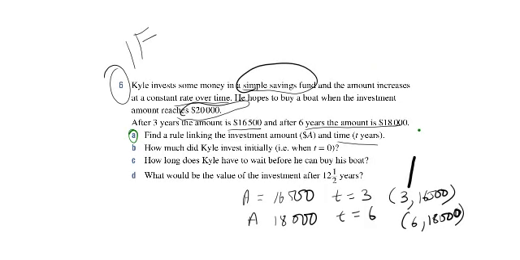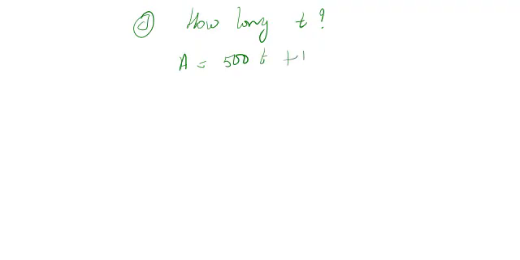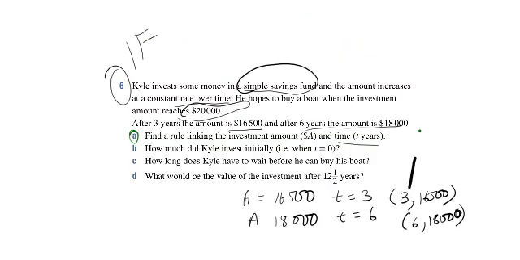So C bit, how long does Kyle have to wait before he can buy his boat? As soon as I see how long, it's asking me for T. Okay, and I have A is equal to 500T plus 15,000. So when can Kyle buy the boat? When it reaches 20,000.